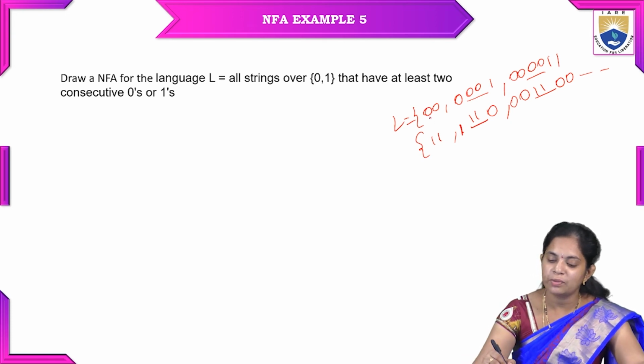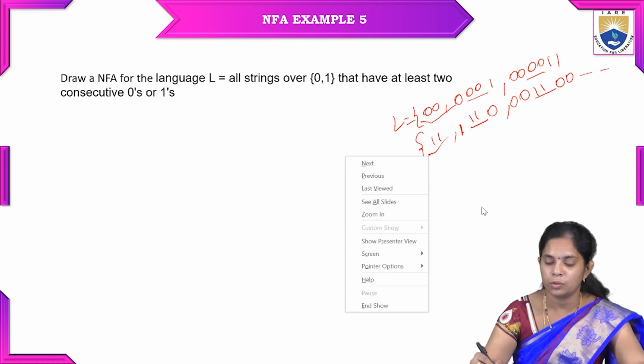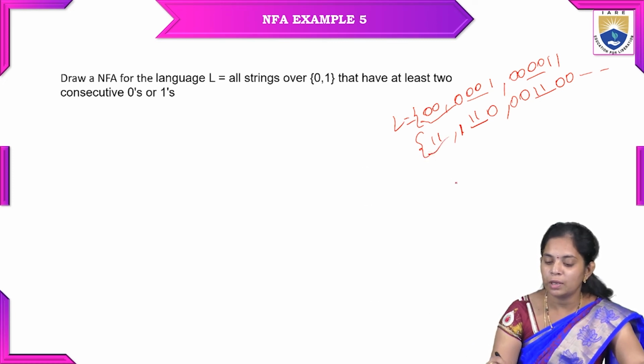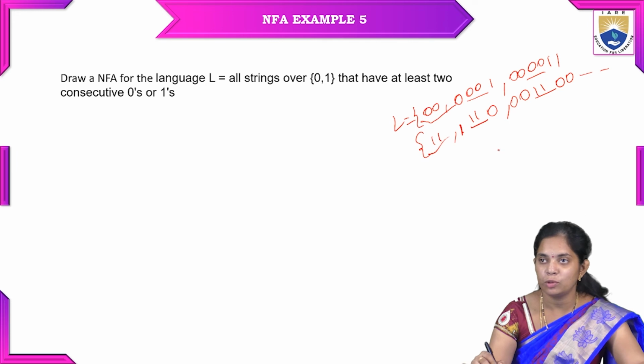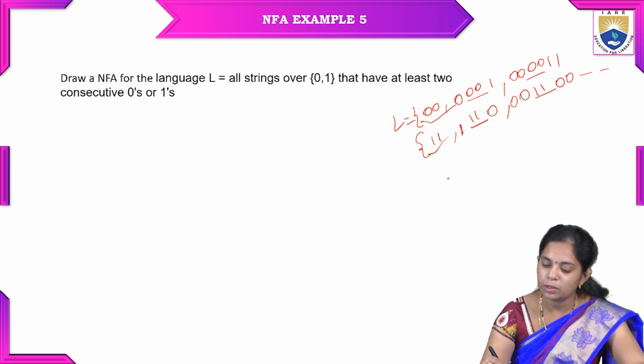We have to satisfy either the string starts with a 0 and has double 0, or the string has double 1 also. For this condition, we require the length 2 plus 2, 4, and we require one more state, so 5 states. The minimum length is 2 plus 2 and plus 1.